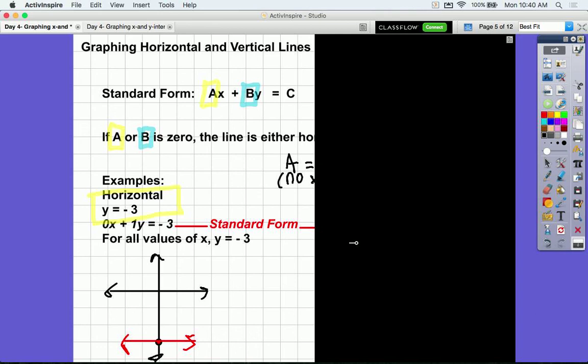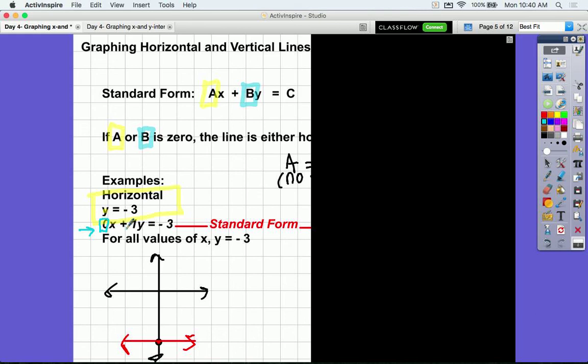All right, let's take a look over here. We know that a horizontal line is going to start with a y equals. If y equals negative 3, in standard form, what this means is that the a value has to be 0. This line is just for show. You're never going to have to use this kind of a line.